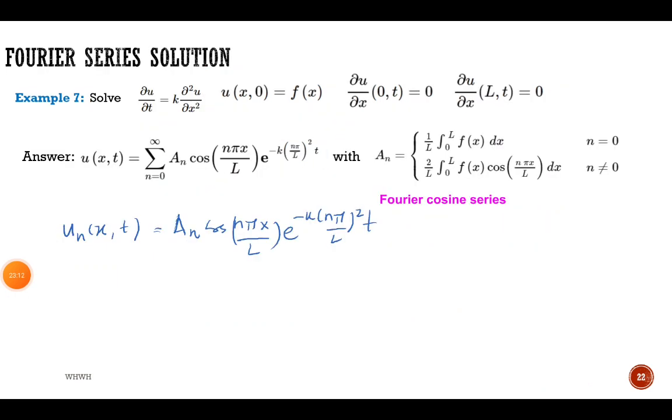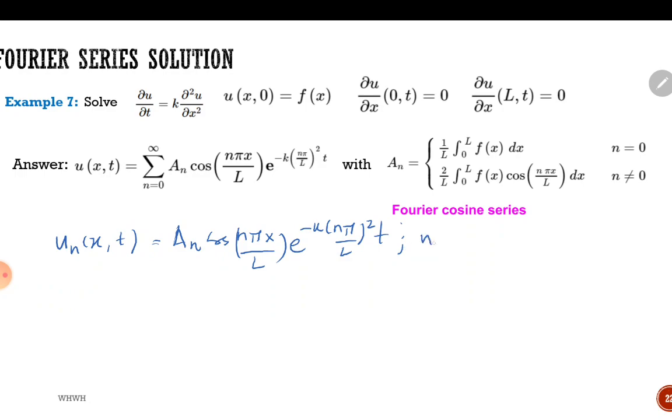Before I end example 7, I want to clarify something here. What's the difference between what we just completed? We just found a n cos n pi x over L e to the power of minus k n pi over L square t. I'm saying that this is for n equals 0, 1, 2, 3 and so on. Actually I'm missing the subscript n here.